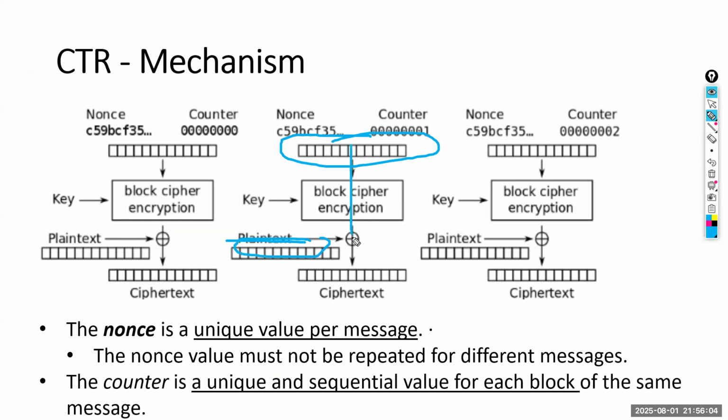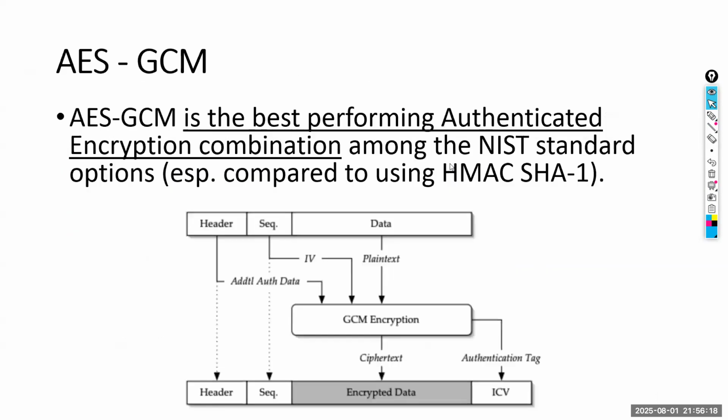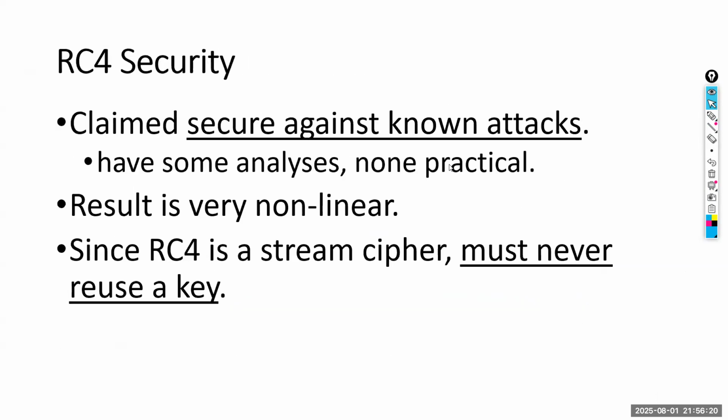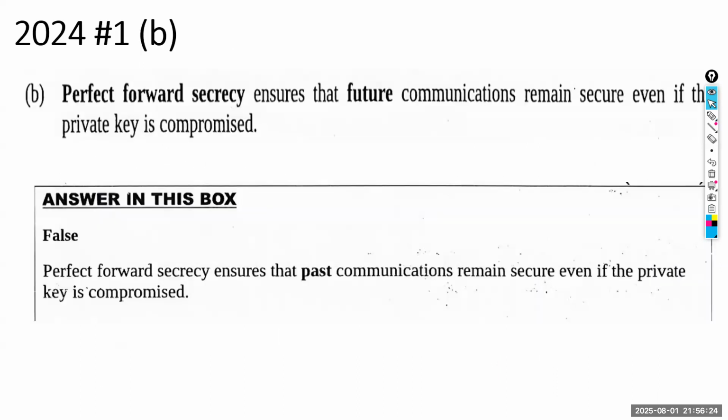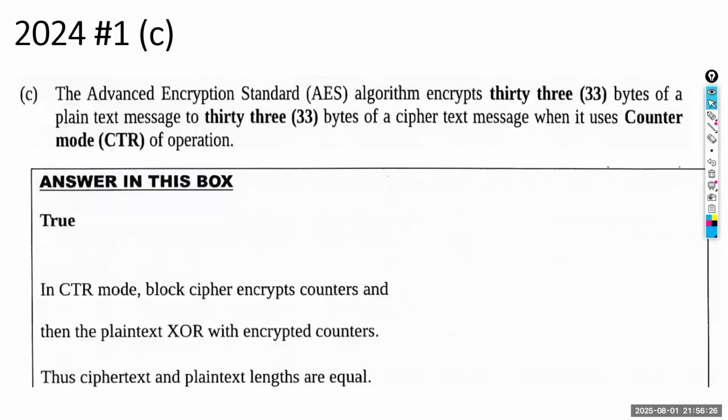You XOR with your counter value. So if this is 1 byte, this is also 1 byte. Just XOR. So if you have 100 bytes, your resulting ciphertext is also 100 bytes. The answer is true.